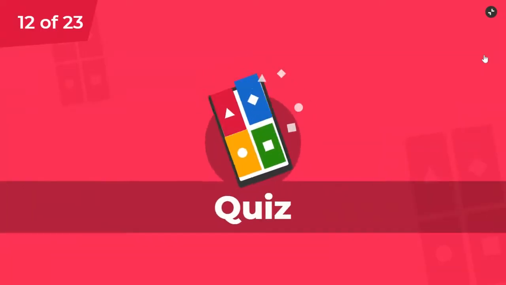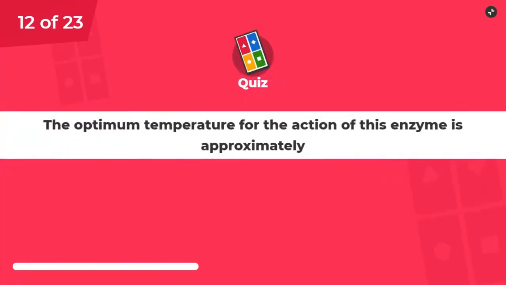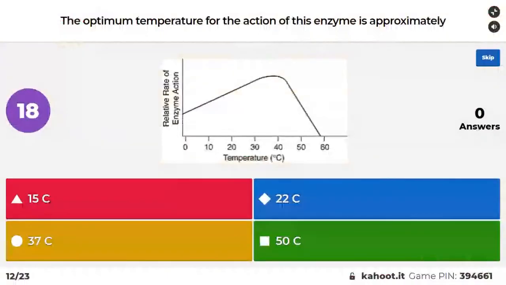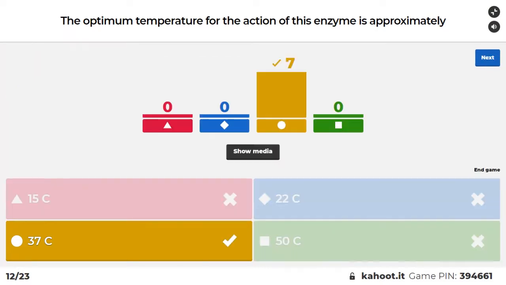Optimal, best, right? This is right out of what you just did today, right? Yeah, so body temperature is around 37, so this must be an enzyme that's working in the body. That's good.